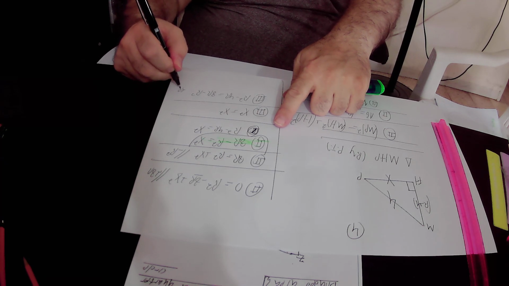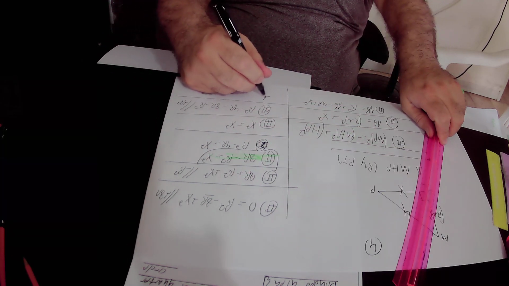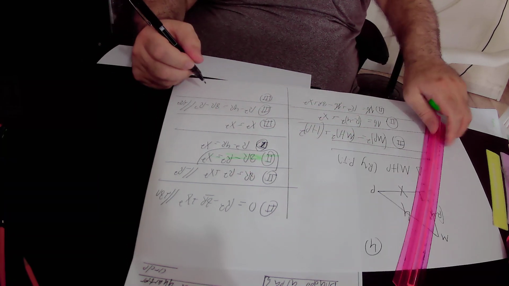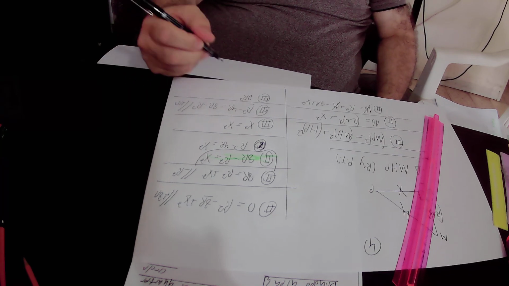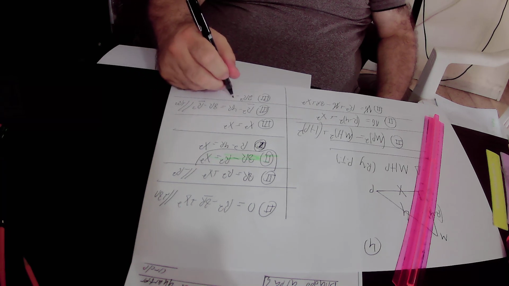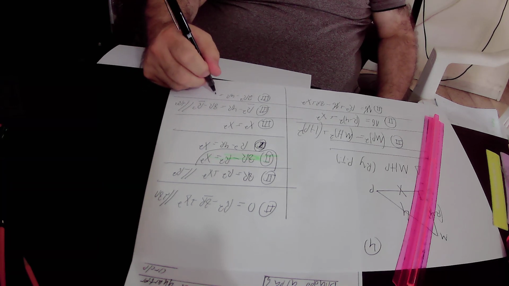Here we'll add R squared to this equation, equation number 3, and we get that according to equation number 3, R squared plus R squared is 2R squared minus 4R equals 8R.